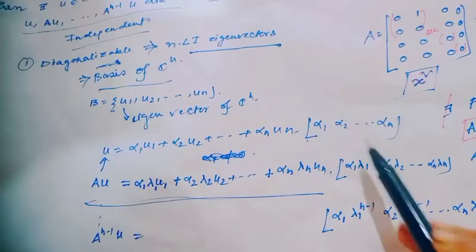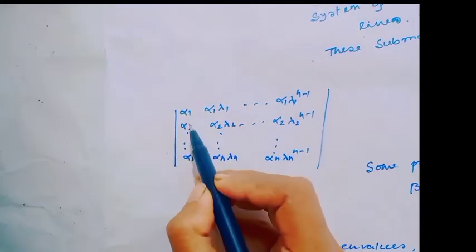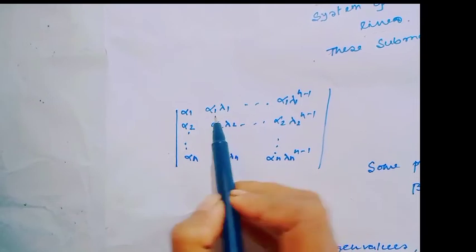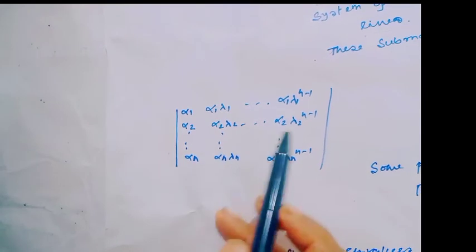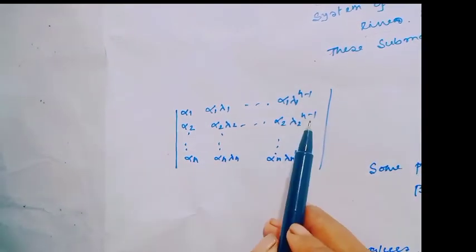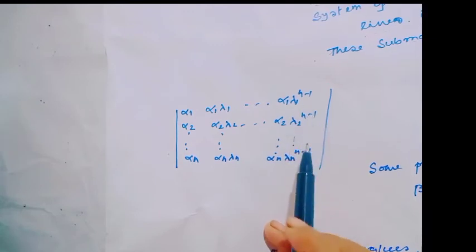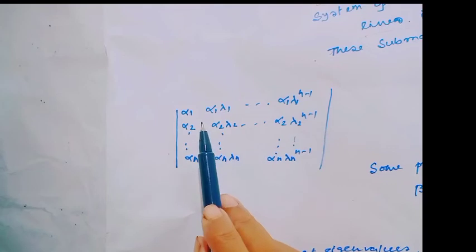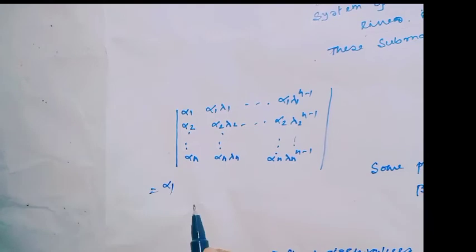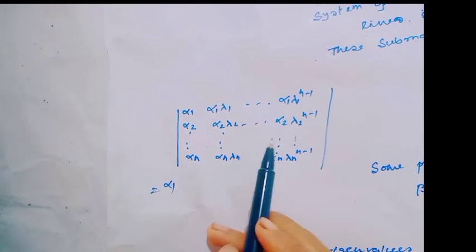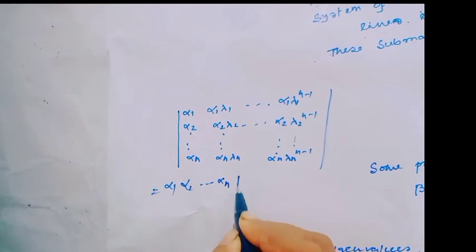Okay, and for these coefficients the determinant would be of this type: determinant with first column alpha 1, alpha 2, alpha n. For Au the coefficients form the second column, and for A to the power n minus 1 u the coefficients form the n-th column. Now take common alpha 1 from the first row, common alpha 2 from the second row, and similarly common alpha n from the last row.